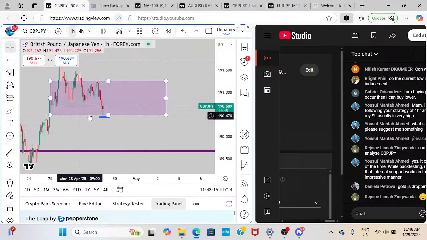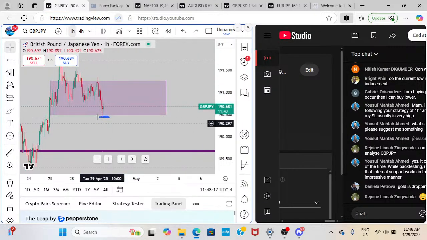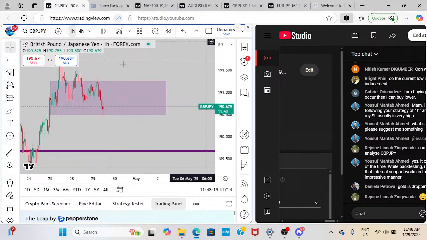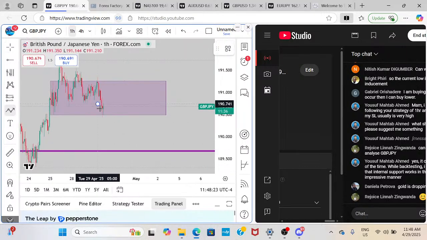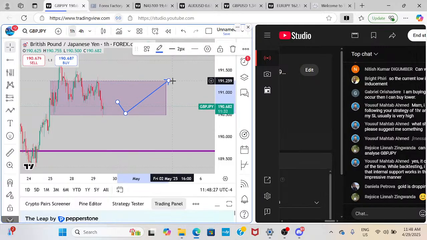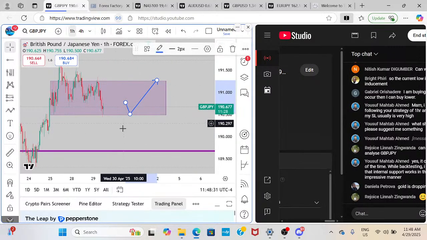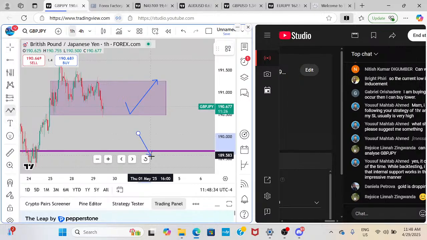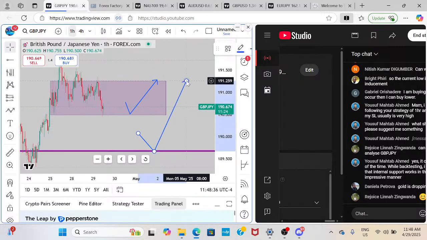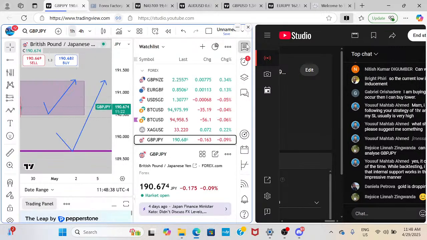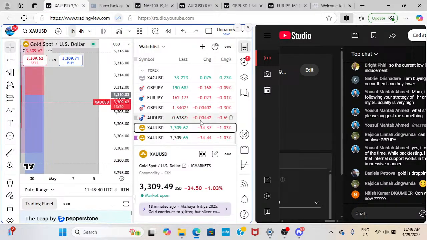Keeping track. Okay, so prediction number 1 is to buy back here, and then prediction number 2 is we drop here and then we buy. Okay, so yeah, that's it. Let's go and check gold.